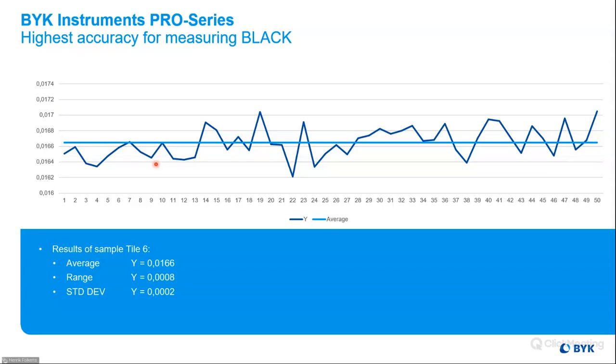Values only deviate from 0.0162 to 0.017. So as an average, after 50 measurements, we found the value of 0.0166. And the standard deviation is only around 0.0002. So this looks a little bit jumping, but it's a really stable result.